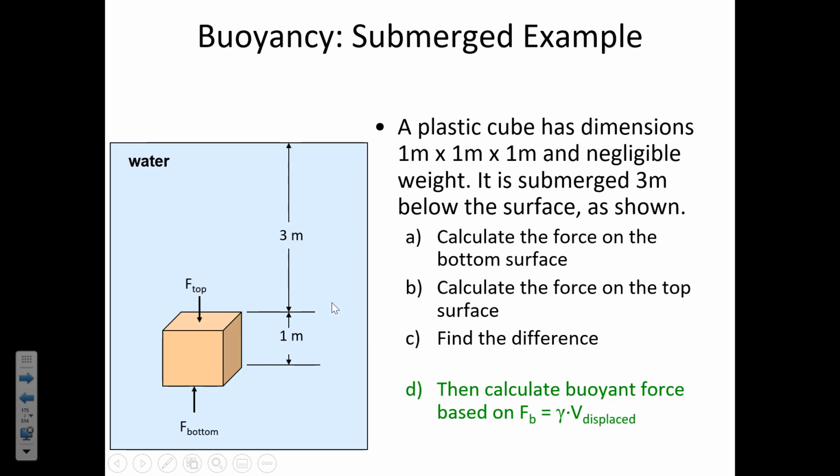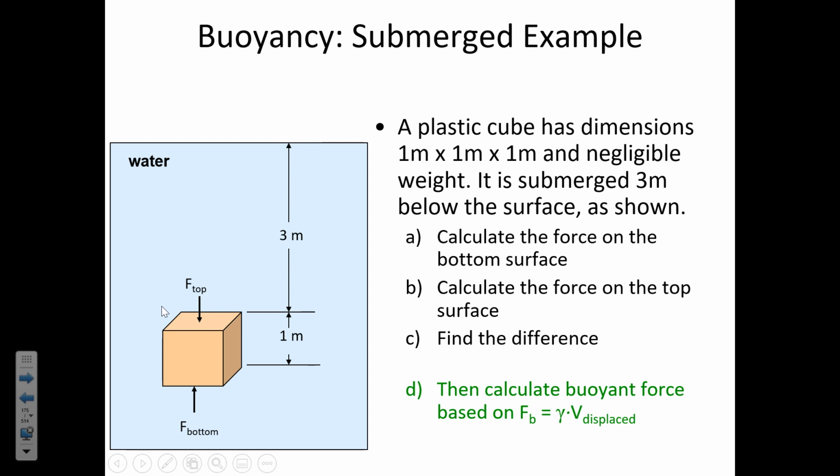All right, so let's consider this submerged plastic cube. What we could do is start by finding the hydrostatic forces just due to the pressure at a depth. You can see that this submerged cube, the top edge of it is 3 meters beneath the surface.